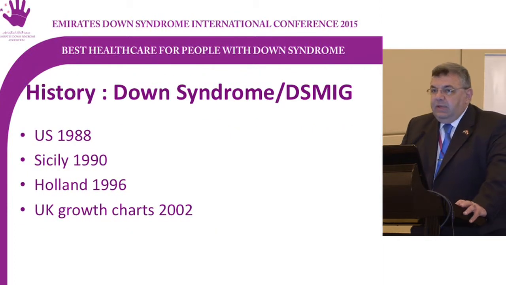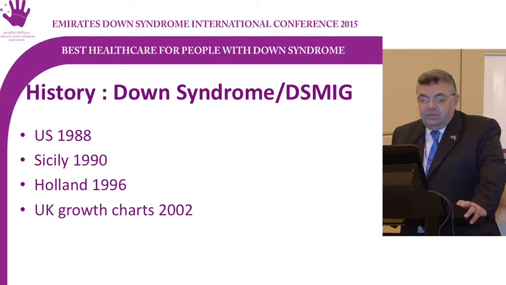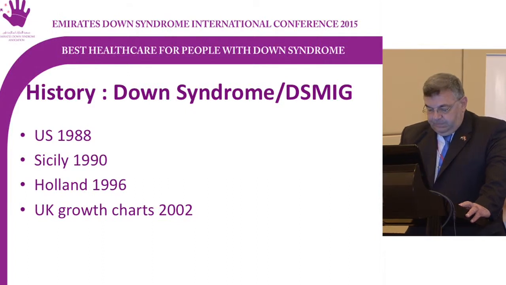As I told you, the growth chart started in 1988, and it was updated, reaching the UK growth chart 2002, and even that was updated twice, reaching the final one, which was approved by the Royal College in 2012.